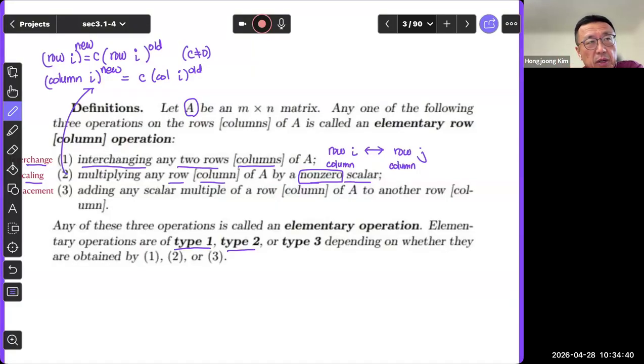In case of the third one, you multiply any number to a certain row and then add it to another row.